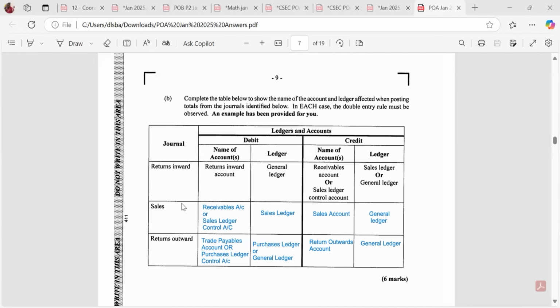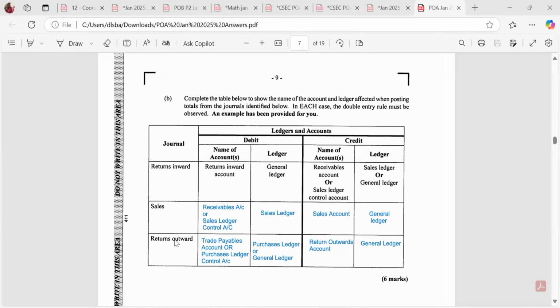Sales is always credited, so you would credit your sales account. Sales is not a person, so it goes in the general ledger. And then you would debit your account receivable. The account receivable will be increasing because they are buying from you on credit, and when assets increase, you debit. And all accounts receivable are found in the sales ledger.